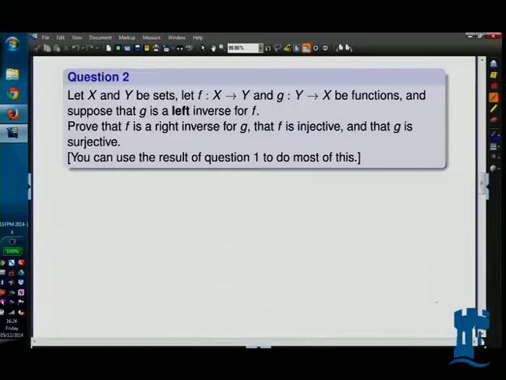Right, so I'll say you could use question 1 to prove question 2. You use question 1 and you swap the roles of f and g.